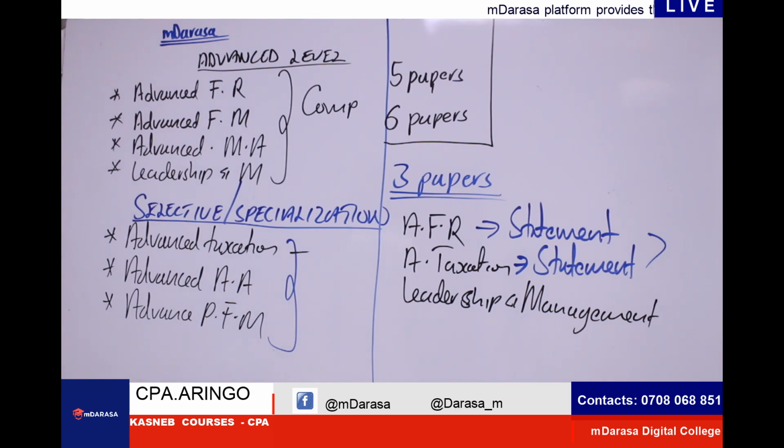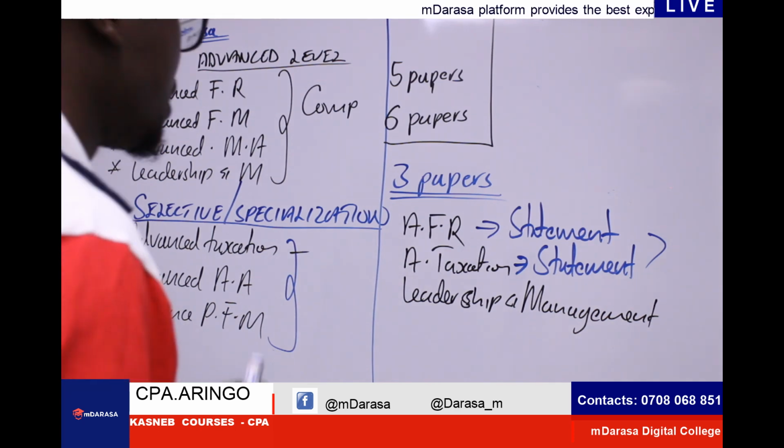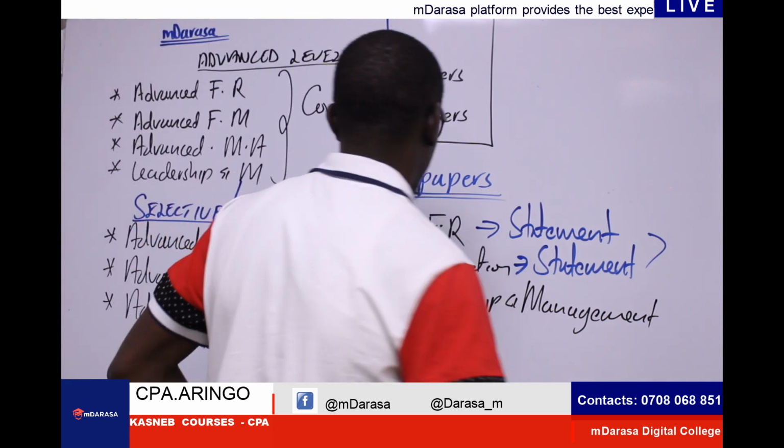You wonder why it is that with audit, yes, it is a theory paper, but the majority of students tend to fail however much they are prepared. It is because it needs analytical skills for you to analyze.